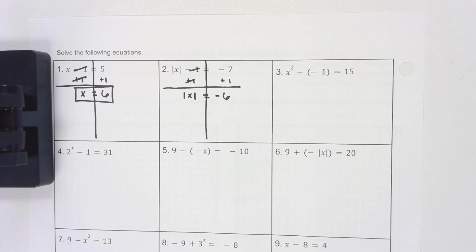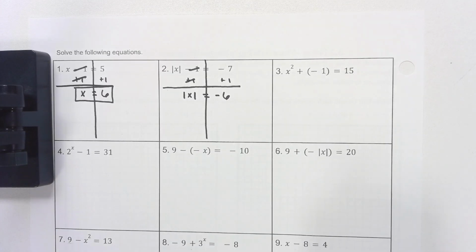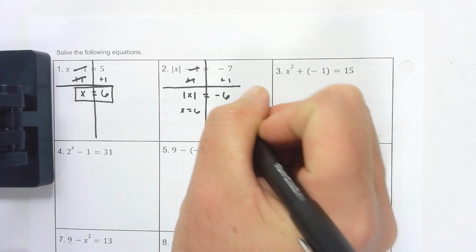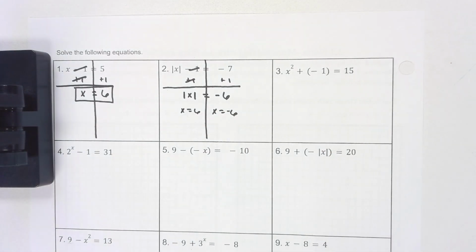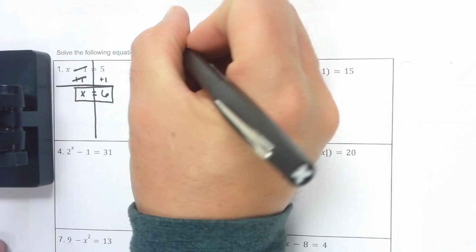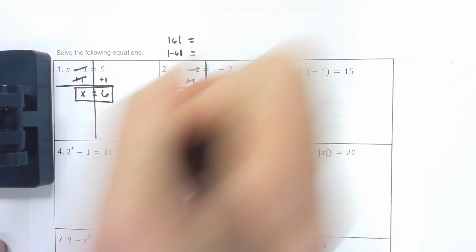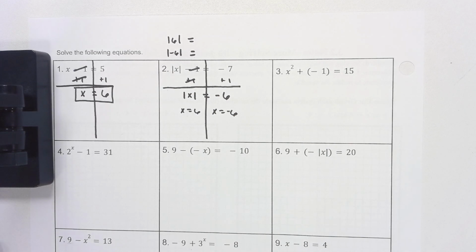I get a lot of students that when they get here, they go, oh, if the absolute value of x is equal to negative 6, that means x equals 6 and x equals negative 6, because Mr. Youngren said we should always get 2 answers with absolute values. But what happens if I take the absolute value of 6 and the absolute value of negative 6? When we take the absolute value of a number, what always happens to that number?